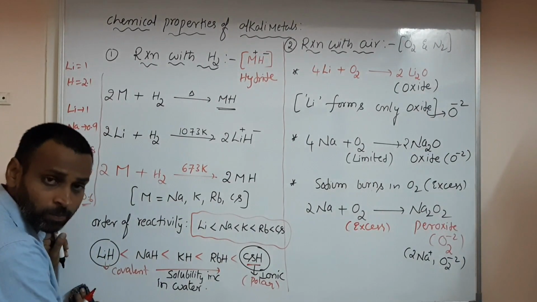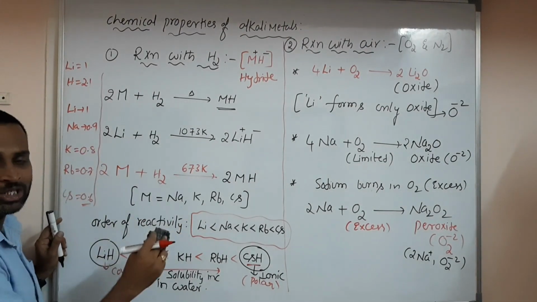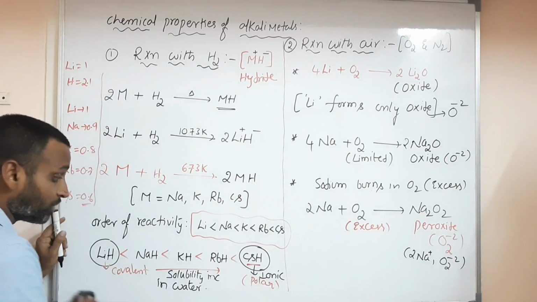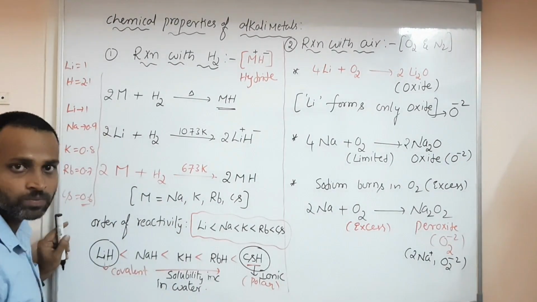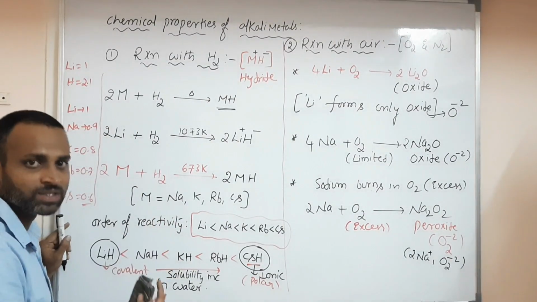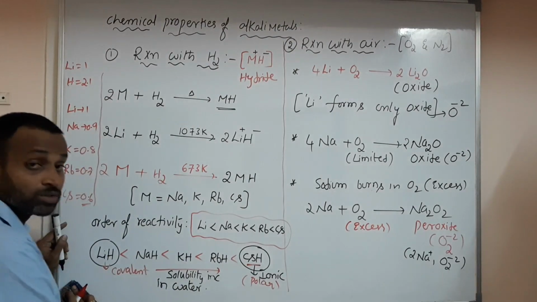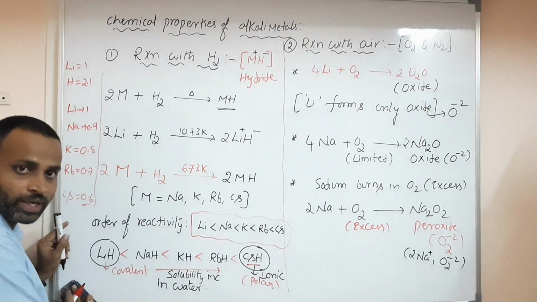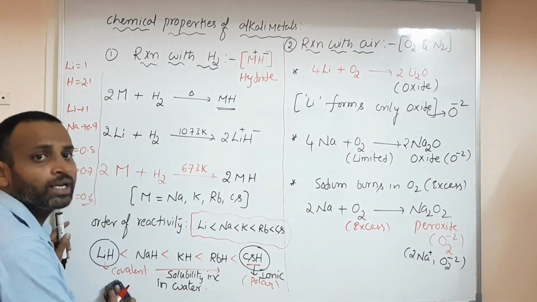One more important thing: the remaining ones, potassium, rubidium, cesium, form oxide, peroxide and superoxide also, depending on the quantity of oxygen. As the quantity of oxygen increases, you will get superoxides. Superoxides are more stable as the size of the cation increases.